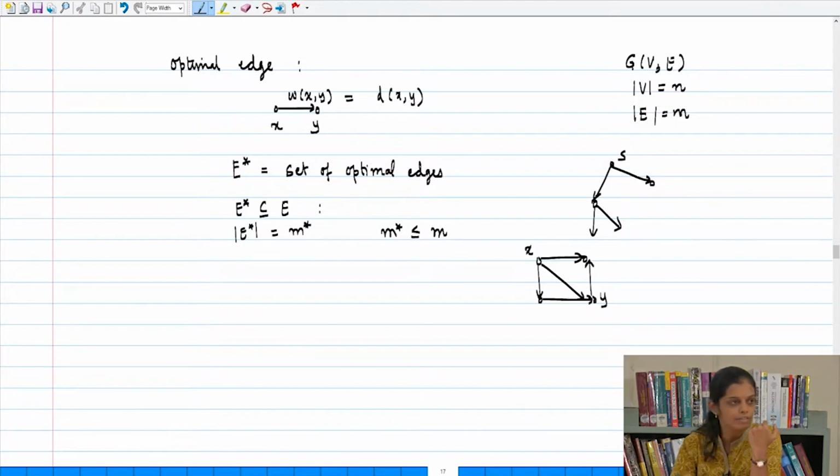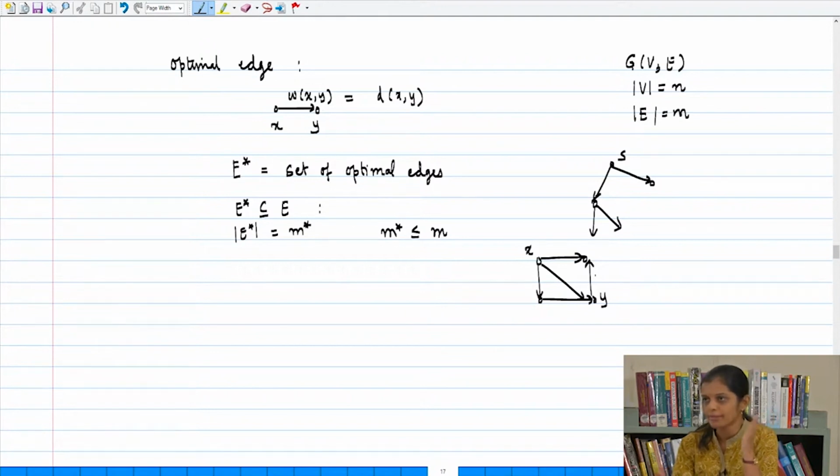What is the shortest path from x to y? It is the edge itself, because as soon as you take a path with multiple edges, you have a path whose weight is the weight on every edge times the number of edges. Therefore every edge is in fact an optimal edge.